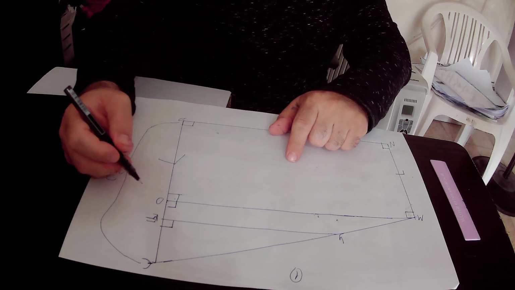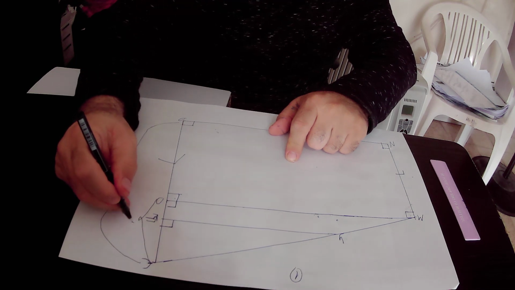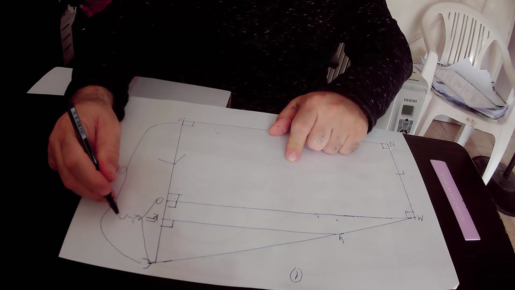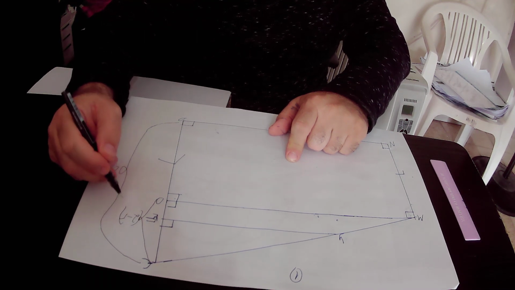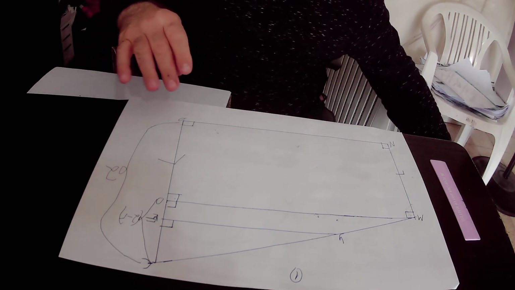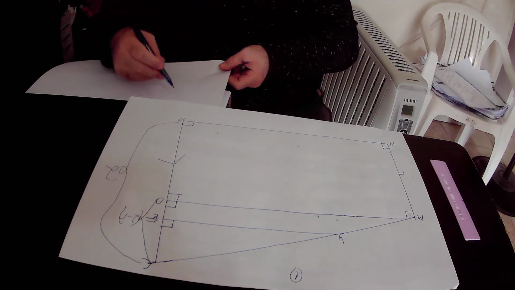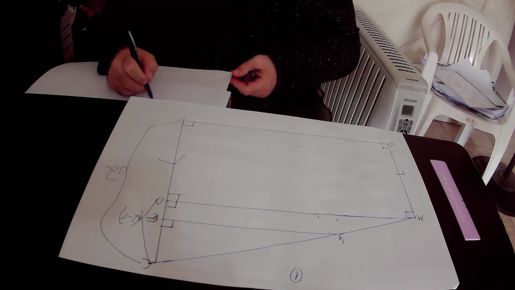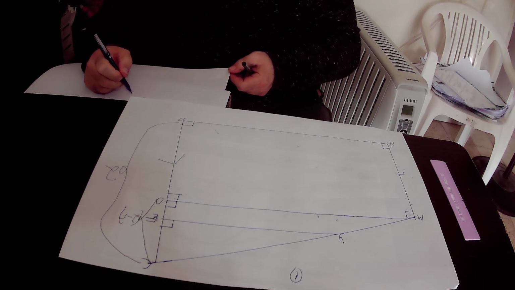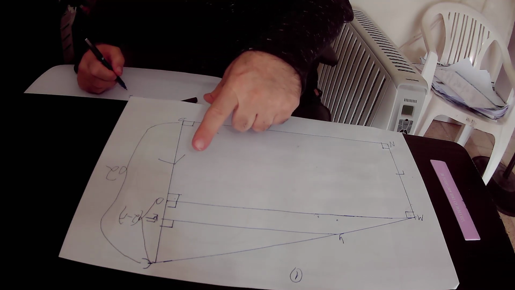That is to say, CD equals CO, that is 2 units, minus DO, that is the radius, so CD equals 2 minus R. Okay, so I will write it down: CD equals CO minus DO, and CO equals 2 units, and DO is the radius of the small circle.